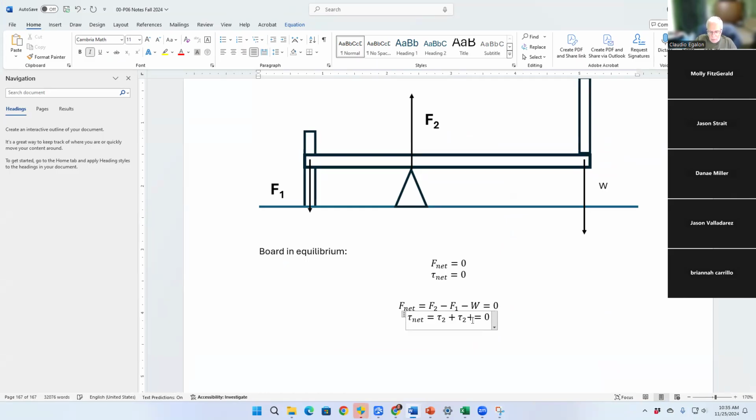Plus torque of W. Let's start with torque of 1, torque of 2, from the left to the right.